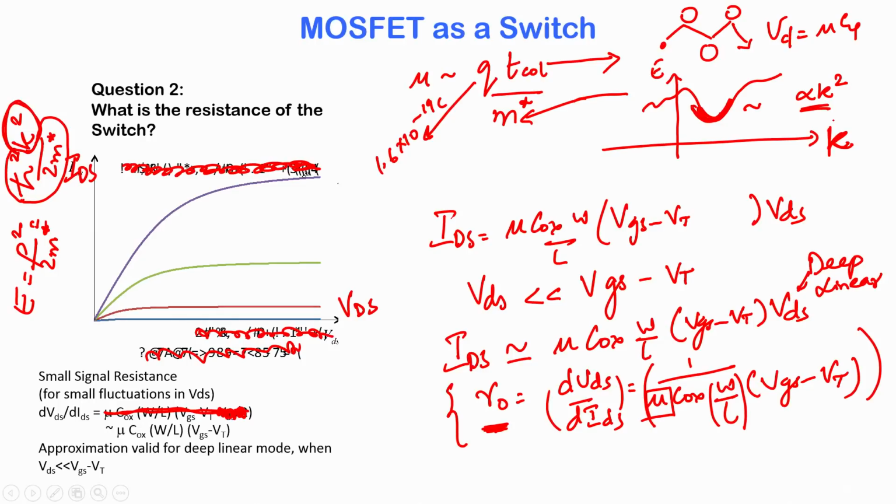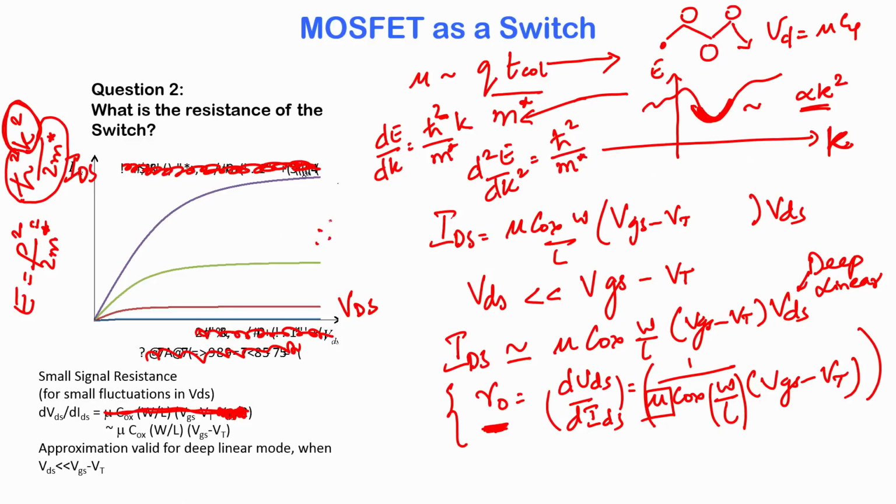And what is the effective mass? We identified it from the second derivative of E. So dE by dk is h bar square by m into k, and d square E by dk square is h bar square by m star, and therefore your m star is nothing but h bar square by d square E by dk square.